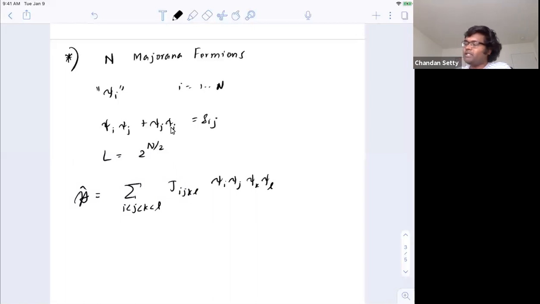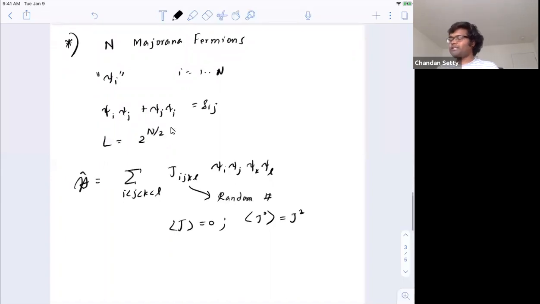In principle you can write any number of fermions, but this is what is called the q equals 4 SYK model. The important thing is that these J_ijkl are random numbers, in such a way that the average value of these random numbers is 0, but the mean square average is some finite number.